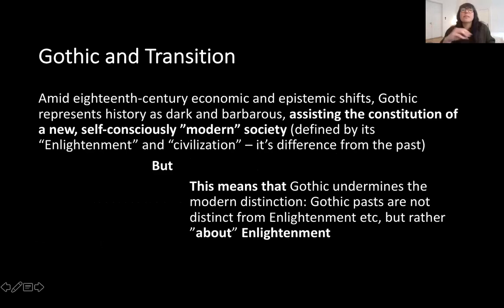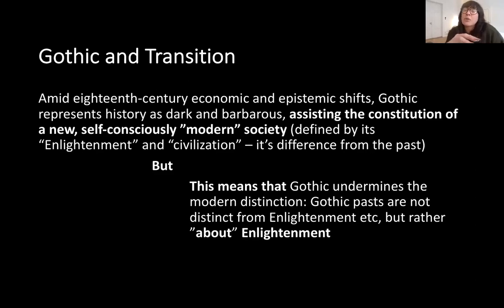So, amid the 18th century economic and epistemic shifts, Gothic represents history as dark and barbarous, and in this way it assists the constitution of a new self-consciously modern society, which is defined by its enlightenment and its civilization. Essentially, its difference from the past. So the sense I'm trying to point out here is that Gothic is in this instance functioning in a conservative sense, right?